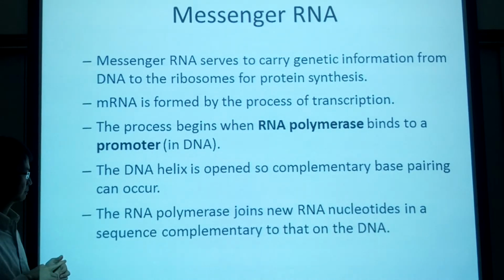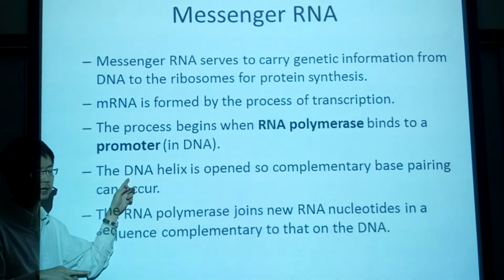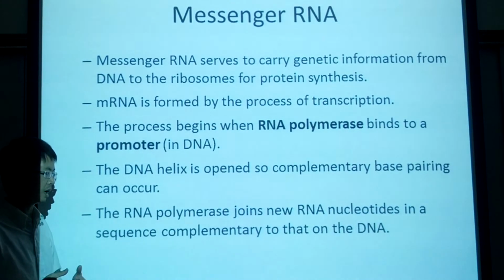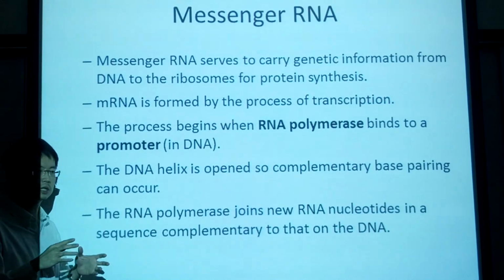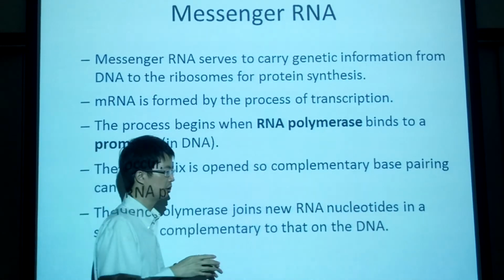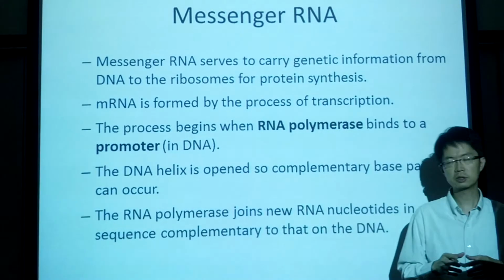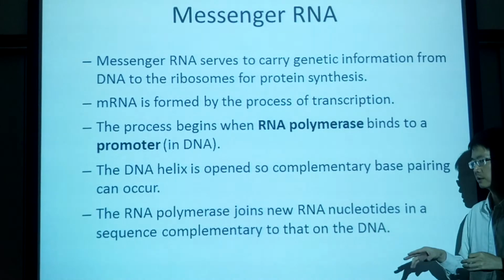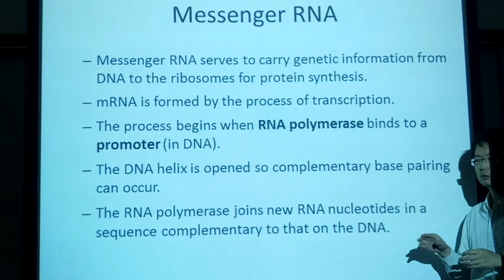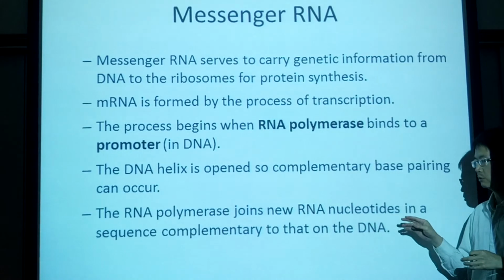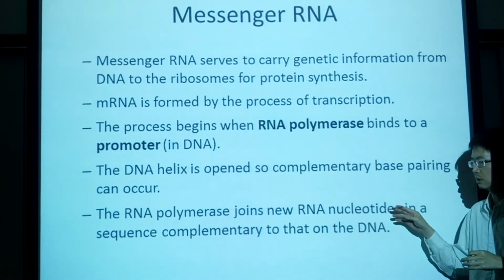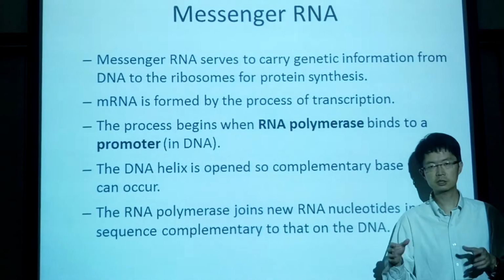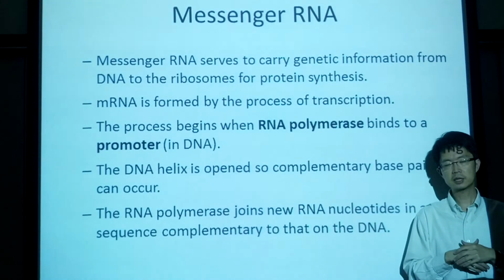RNA polymerase will unwind the DNA helix, and it will also grab the RNA nucleotides in the nucleoplasm. Nucleoplasm is the fluid filled inside the nucleus. So RNA polymerase will grab the RNA nucleotides in the nucleoplasm, and then it will connect the nucleotides complementary to the DNA sequence. And in this case, a chain of messenger RNA can be formed.